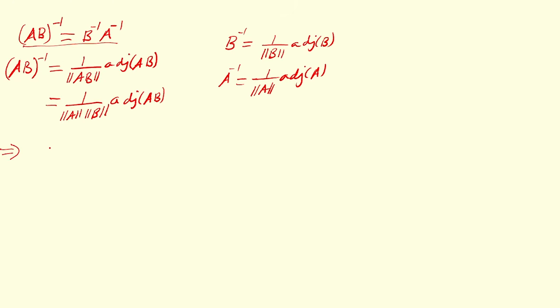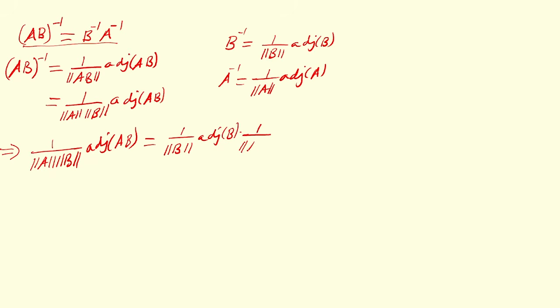This implies 1 over determinant of A, determinant of B, adjoint of AB, that's AB inverse, is equal to B inverse A inverse, which is 1 over determinant of B times adjoint of B times 1 over determinant of A times adjoint of A. Now multiply both sides by determinant of B and determinant of A. This gives us adjoint of AB is equal to adjoint of B times adjoint of A.